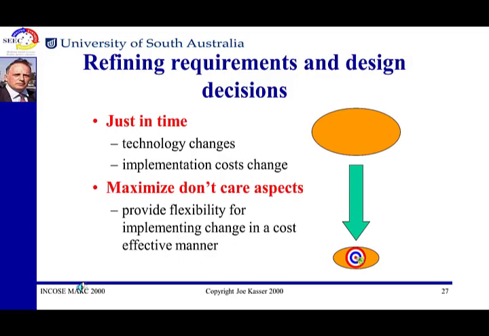Conversely, this means that as we lay out the design, we have to maximize the aspects in which we don't care, to provide flexibility for implementing the change. So we have to identify those things that don't matter, document that, and make sure that later on design decisions don't force us down a very narrow path.